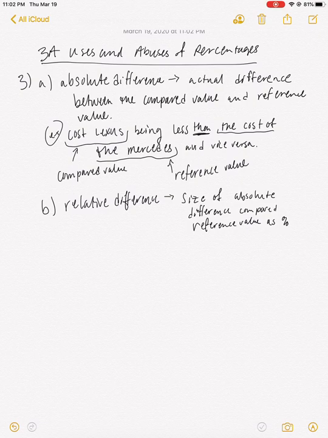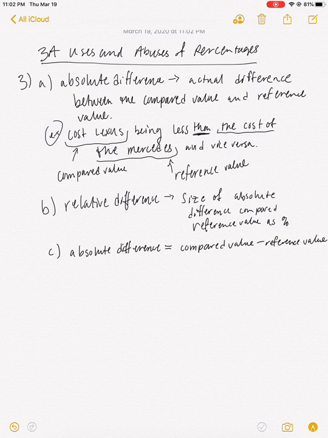All right. So we have a formula. There's a couple formulas. So the absolute difference formula: the absolute difference is equal to the compared value minus the reference value.